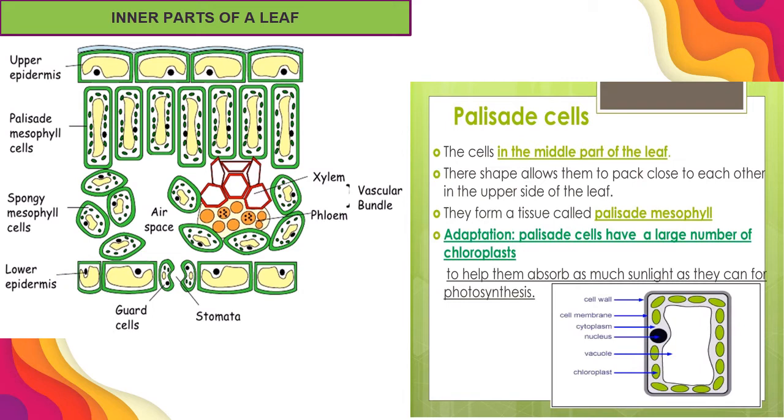The location of mesophyll cells is nearer to the top of the leaf, and they are arranged like a fence or palisade. And this is how they form the tissue palisade mesophyll.